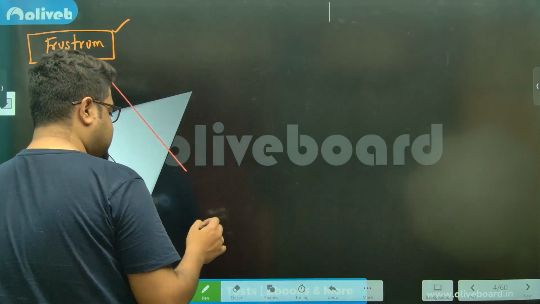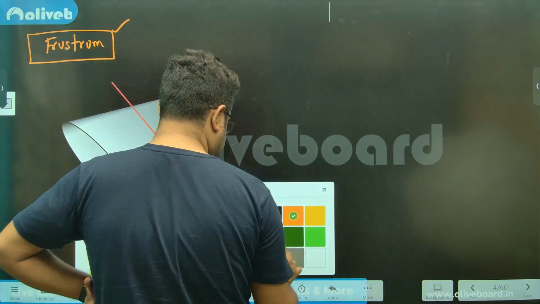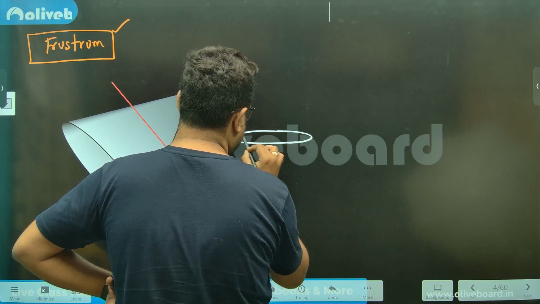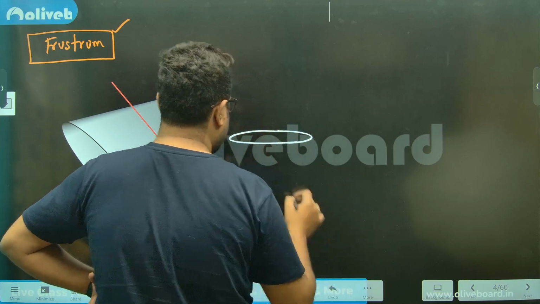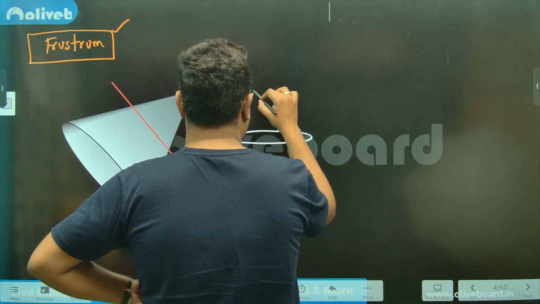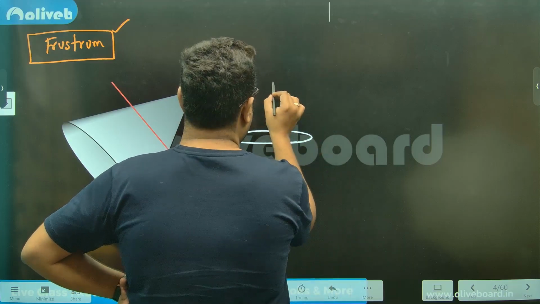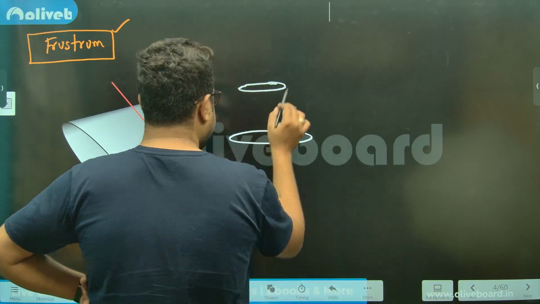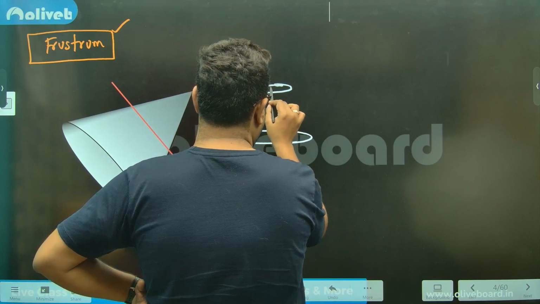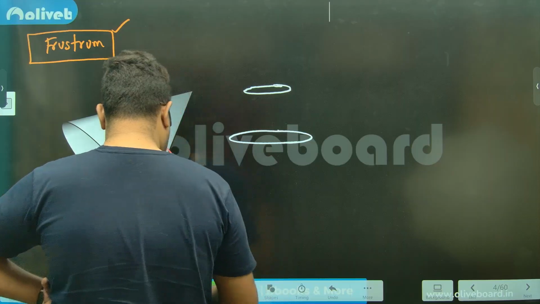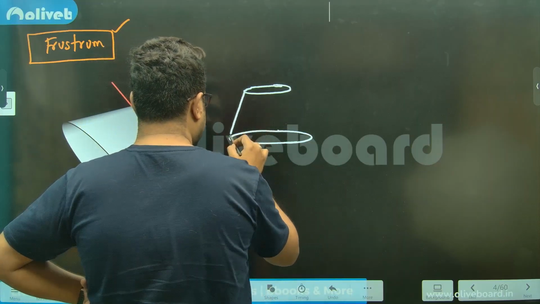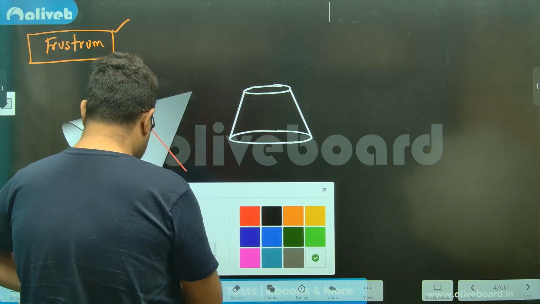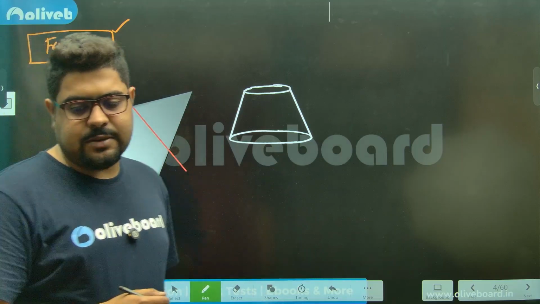I'm drawing it by hand, or at least trying to. This is how a frustum actually looks.